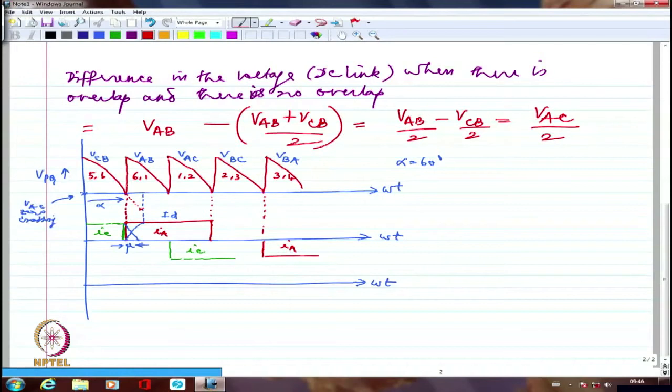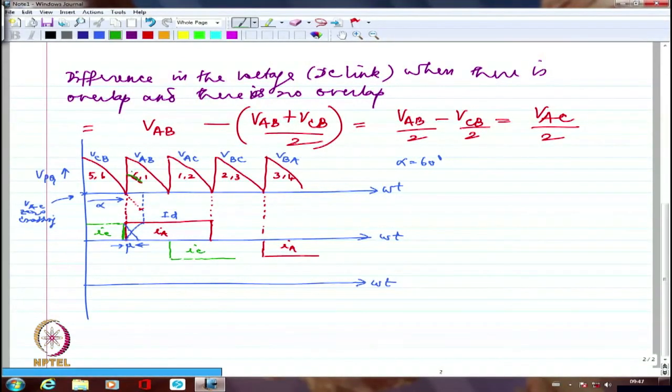Whatever I am drawing, let me probably draw this in green or something, a little different color. So this happens to be the average between VAB and VCB. So this particular green waveform, whatever I have got, happens to be the DC link voltage. So this is going to be the DC link voltage which corresponds to this VAB plus VCB by 2.